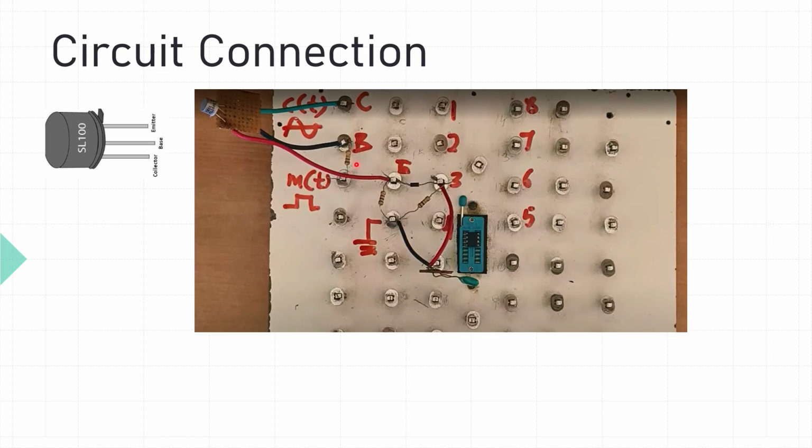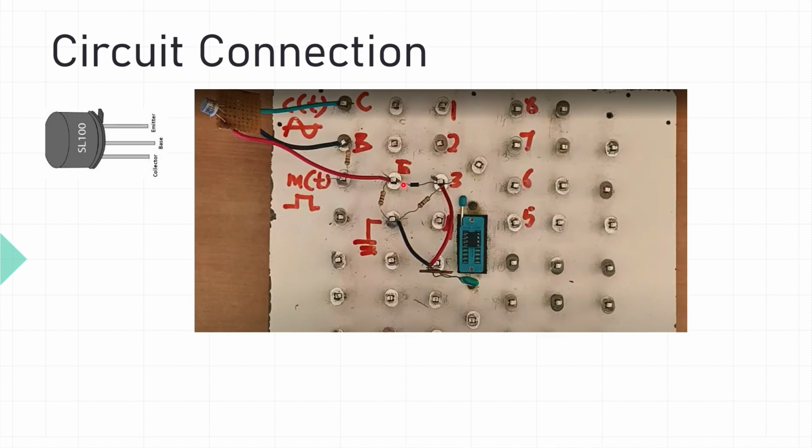In order to avoid single strand wire, connect the components on the breadboard like this. Insert op amp to the zip socket and lock it. Now connect collector of the transistor to one of these points on the breadboard. Connect base of the transistor via 10K, and here you are applying message signal.